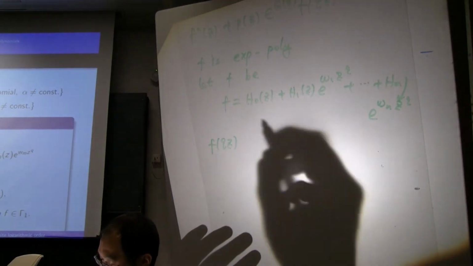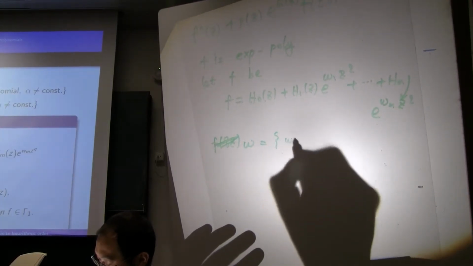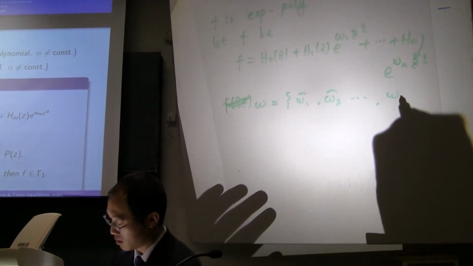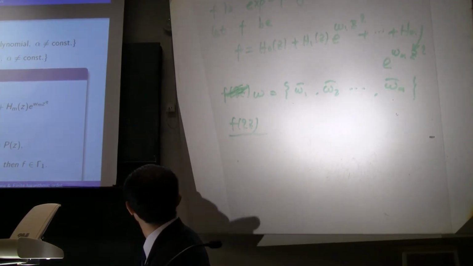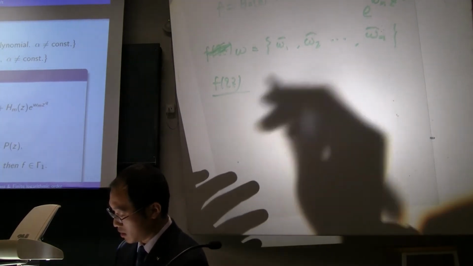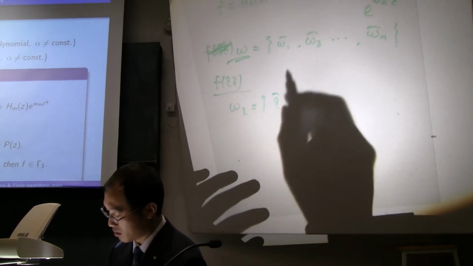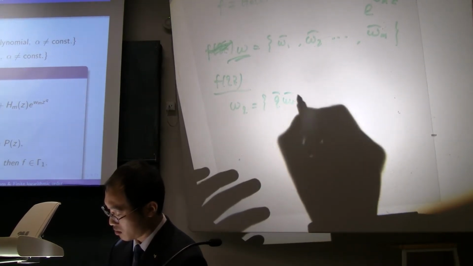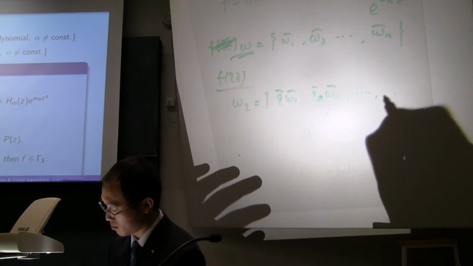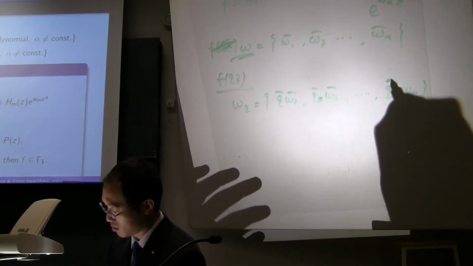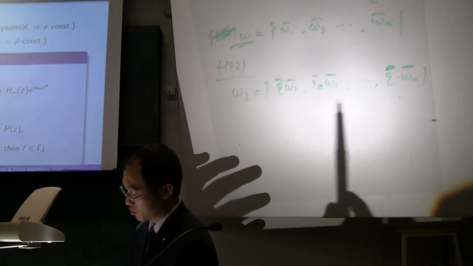We denote w as (w1, w2, ..., wm). For the q-shift case, the leading coefficients will be changed.